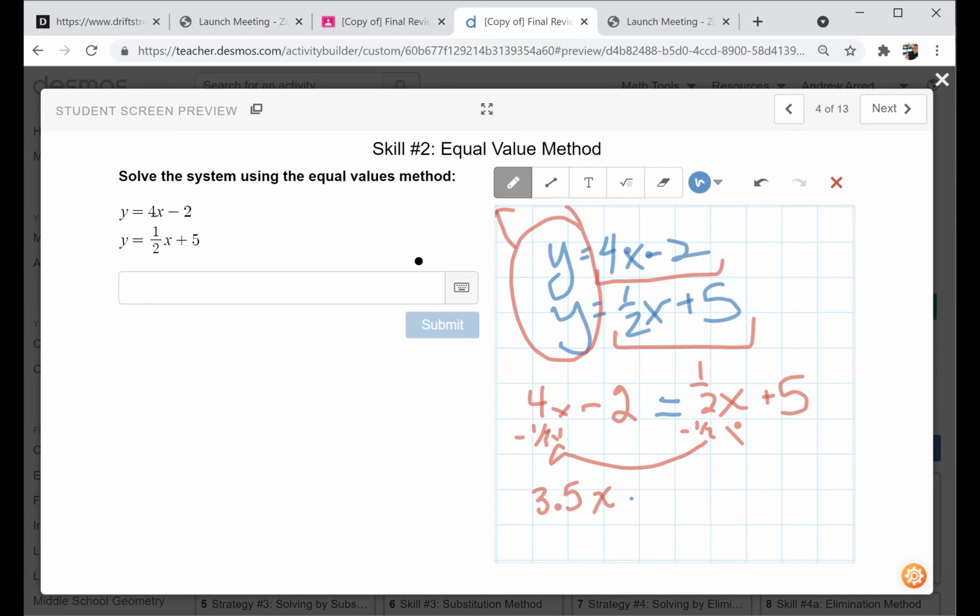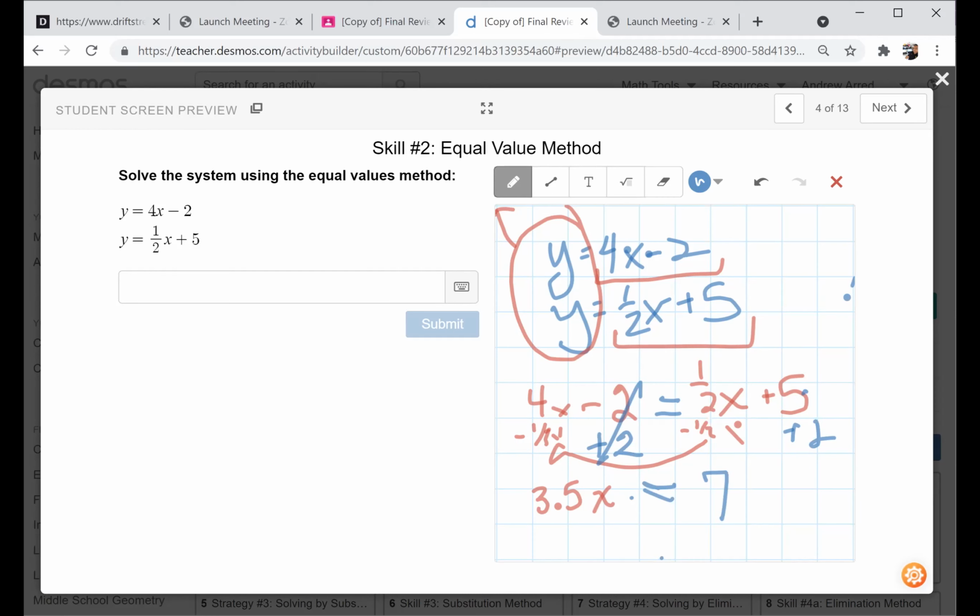Okay, so now we brought the x's over, 3.5x. Now let's kick out the number part, plus 2, plus 2. 5 plus 2 is 7. And then everybody, what happens when I divide by 3.5?